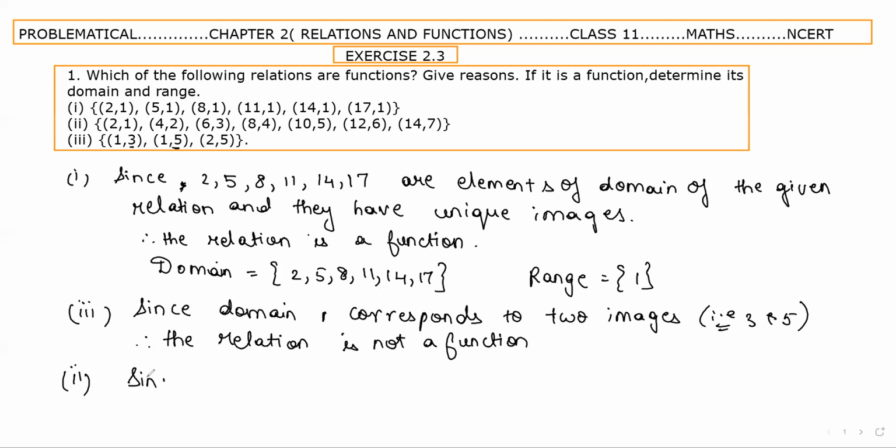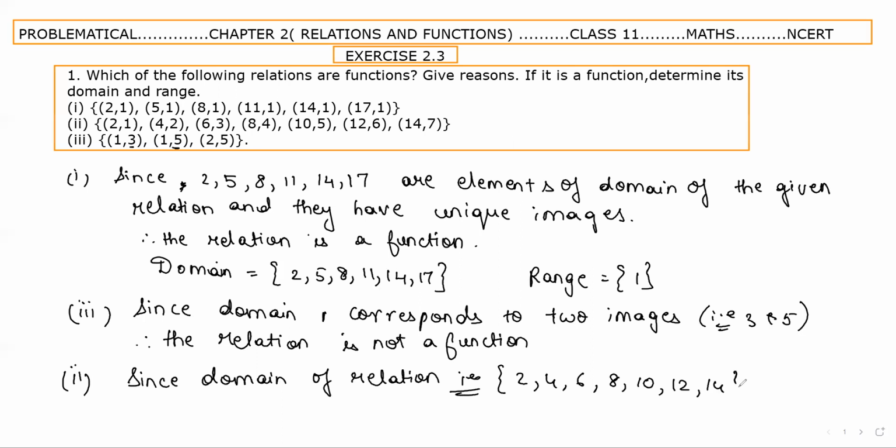So, since the domain elements of the relation, that is 2, 4, 6, 8, 10, 12, and 14, have unique images, therefore the given relation is a function.